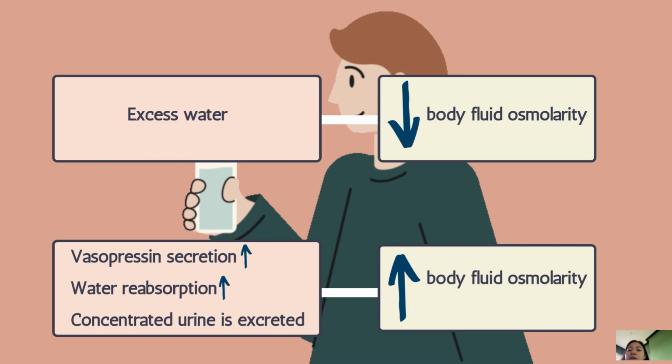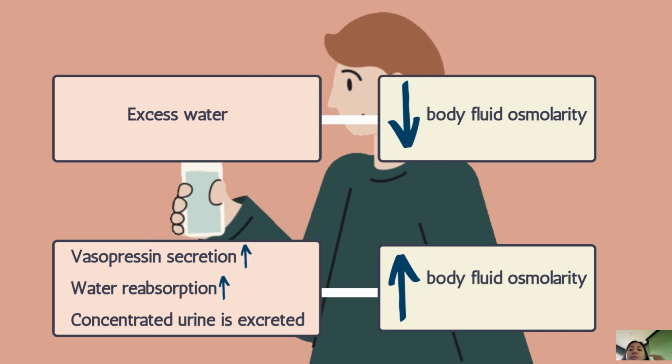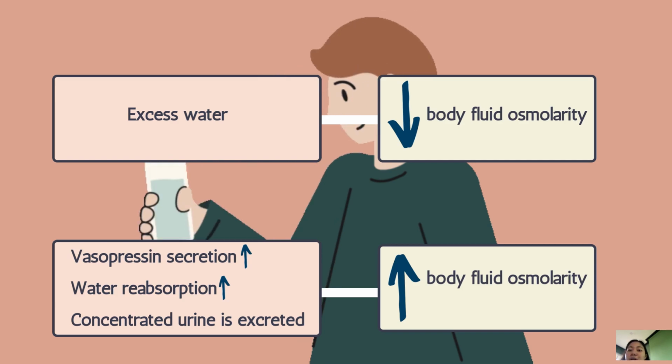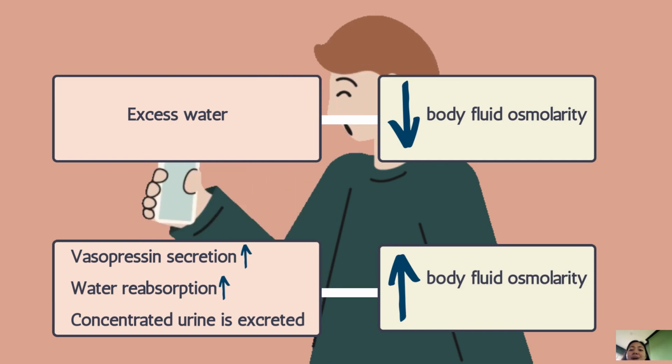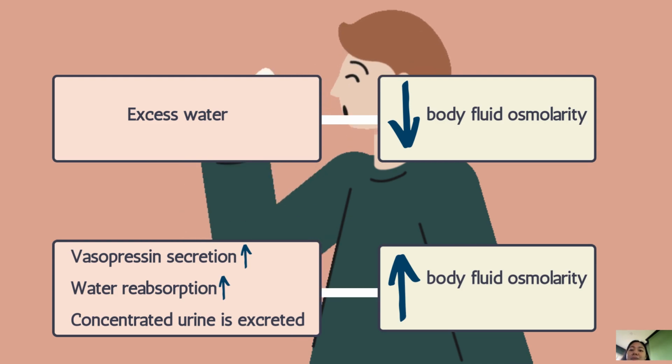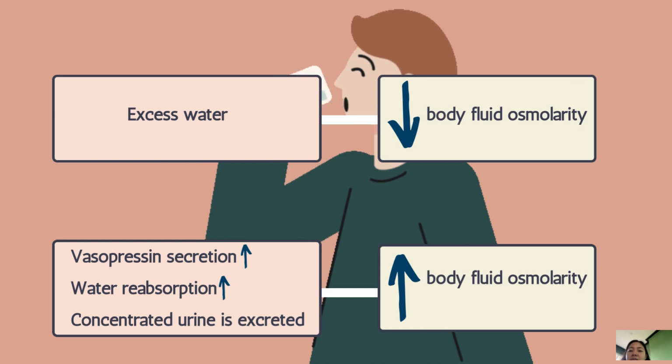These receptors are responsive to changes in osmolarity. For example, you drink 2 liters of water. The excess water decreases the body fluid osmolarity, which results in an inhibition of vasopressin secretion via the hypothalamic osmoreceptors.